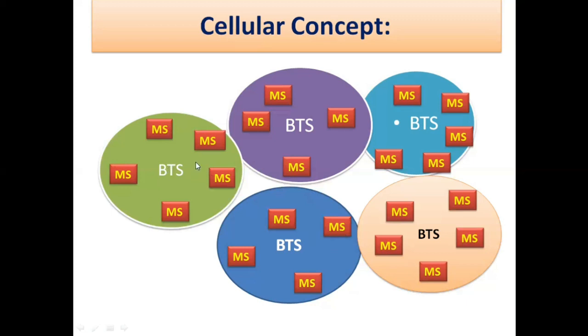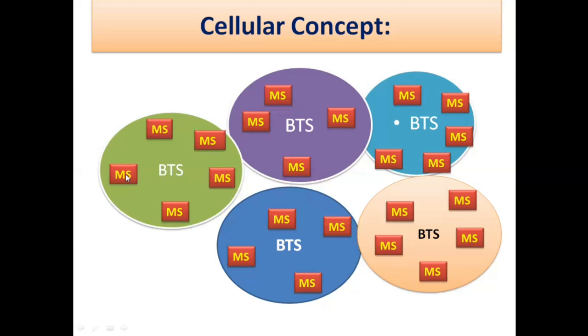Why do we need such small coverage areas? Each base station is serving more than one user, and similarly here also I can have more users being given connectivity. But the main reason for dividing this is that we cannot have a single base station which covers a large area.